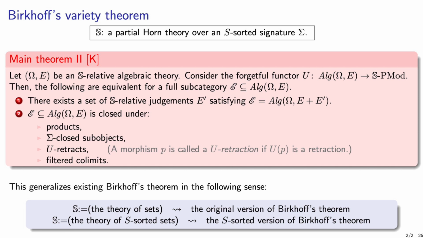By the way, we haven't yet mentioned the definitions of U-attractions and sigma-closed sub-objects, so in the meantime, we give a brief introduction. The definition of U-attraction is very simple. For a given functor U, a morphism P is called a U-attraction if UP is a retraction.